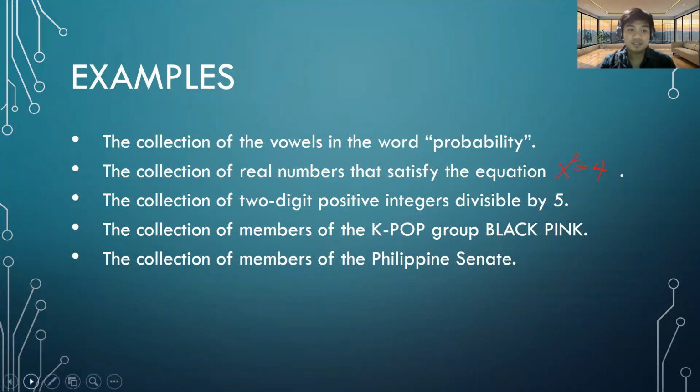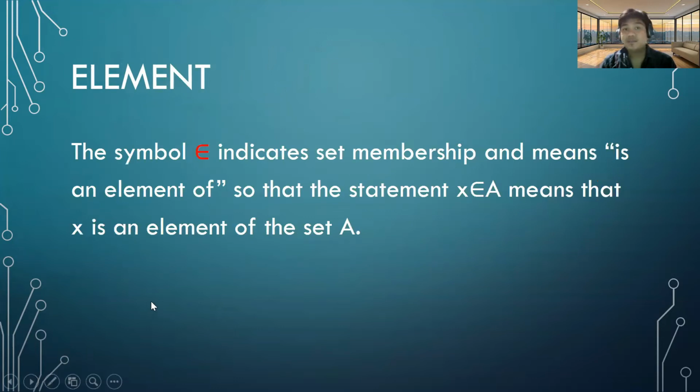So we have next what we call element. The symbol, that small letter epsilon, a Greek letter, indicates the set membership and means it's an element of.